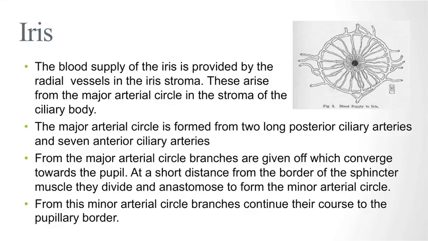From the major arterial circle, branches are given off which converge towards the pupil. At a short distance from the border of the sphincter muscle, they divide and anastomose to form the minor arterial circle. From this minor arterial circle, branches continue their course to the pupillary border.